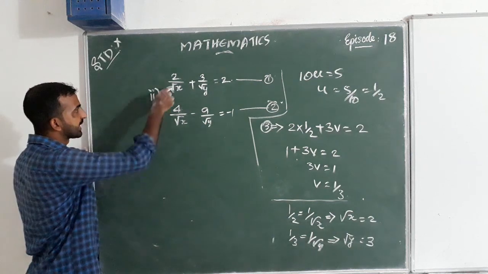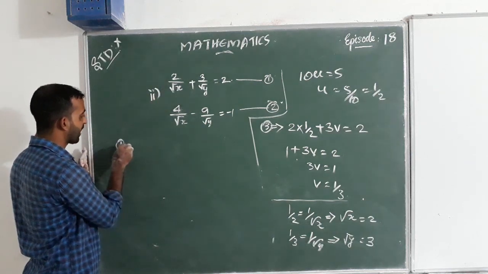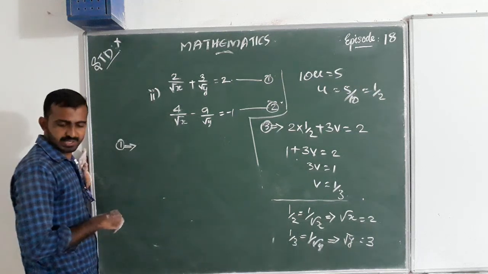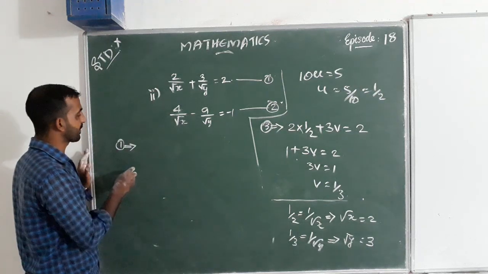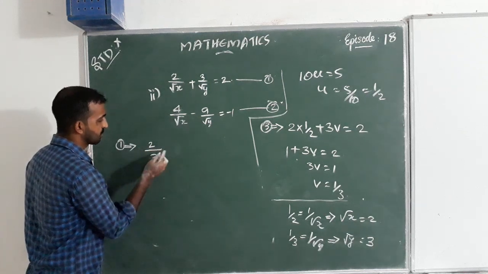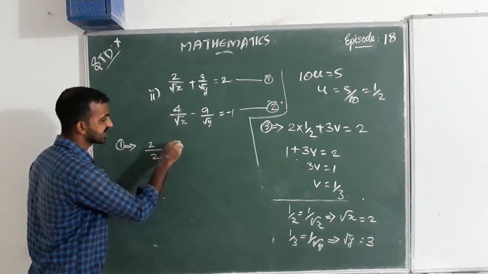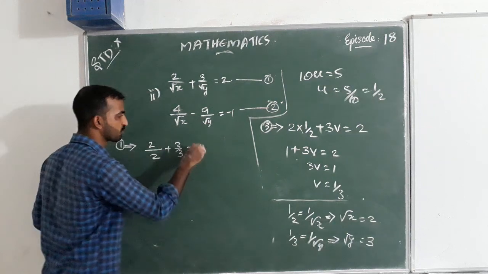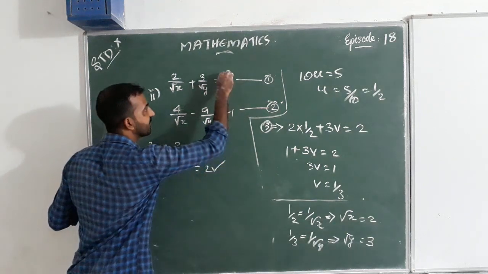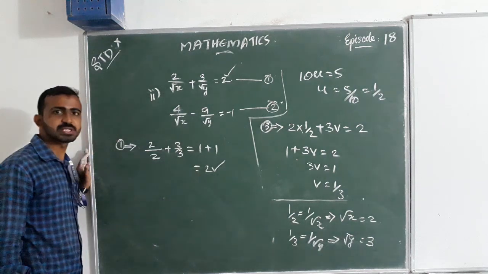We put the value of root y and root x and check equation number 1. That is 2 by 2 plus 3 by 3, which is 1 plus 1, that is 2. We get 2. This equation is right.